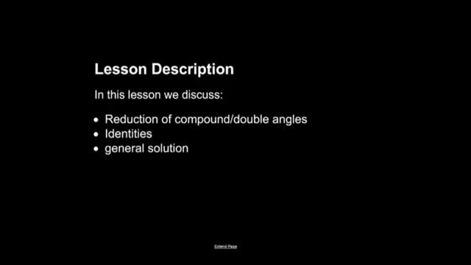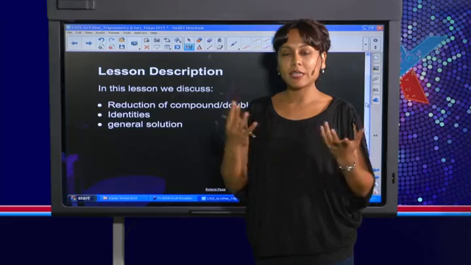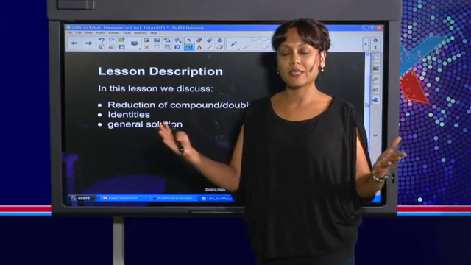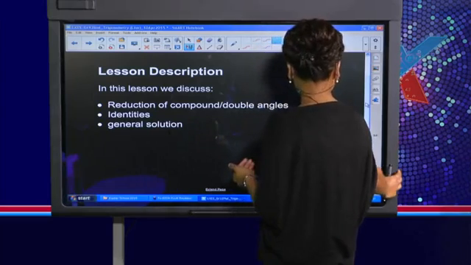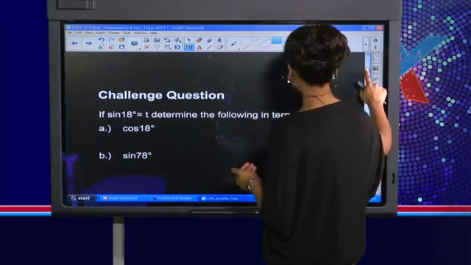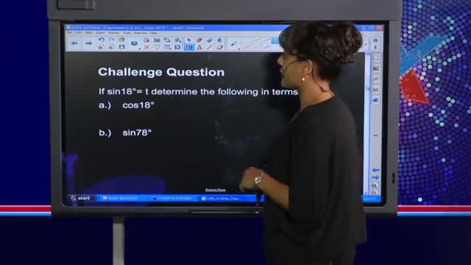So we're going to use the expansions that we learn for our compound and double angles. We're also going to look at an identity and a general solution question. So we'll be giving you a little bit of revision on all these sections you should have covered by now at school in trigonometry.